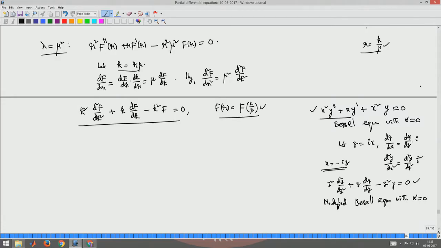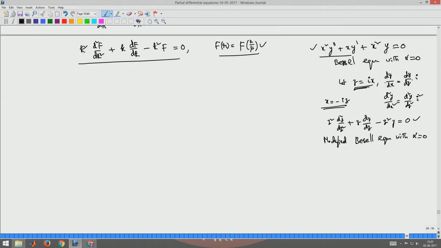So, with this transformation you see that the equation is modified to something similar to what you have here. We know that the general solution of the Bessel equation is C1 J0 of x plus C2 Y0 of x.